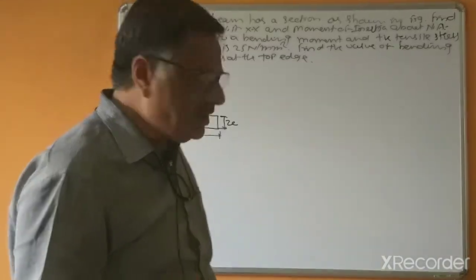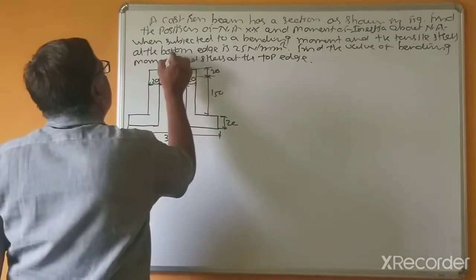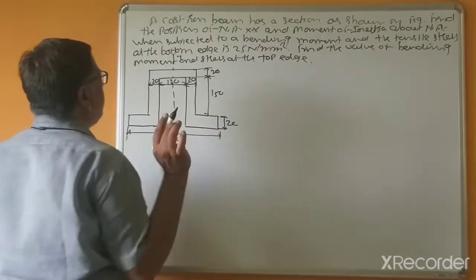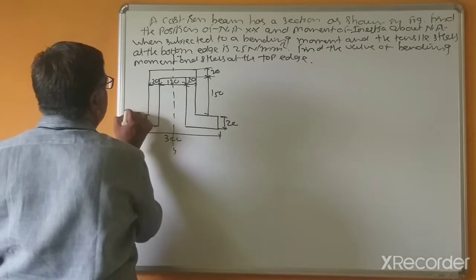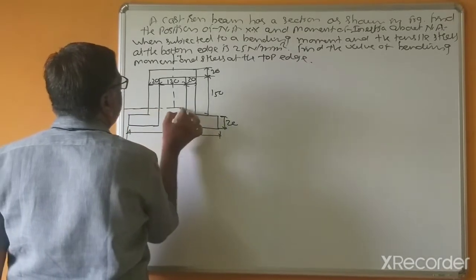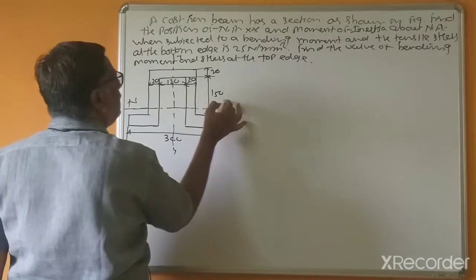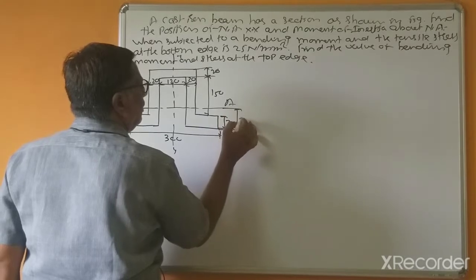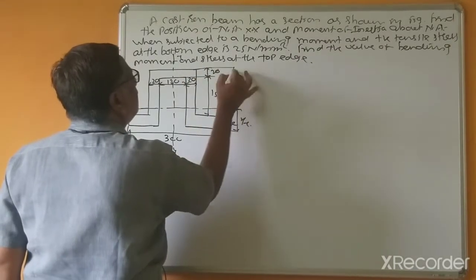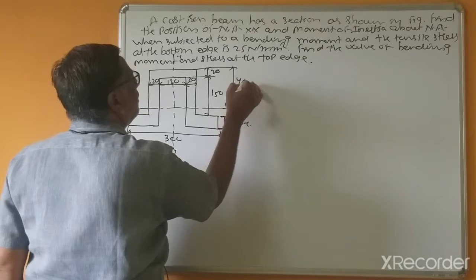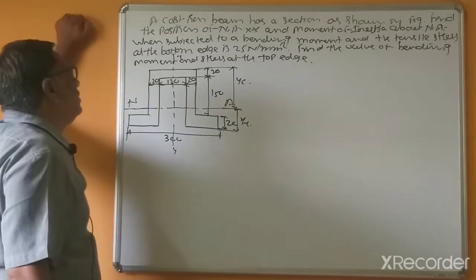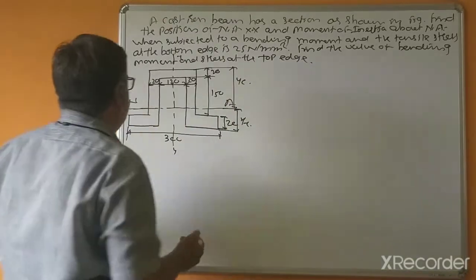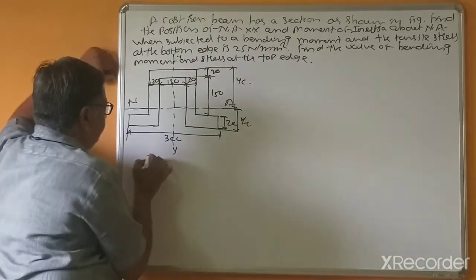So this is symmetrical about y axis and unsymmetrical about x axis. So suppose this is the position of neutral axis and this is yt and this is yc.